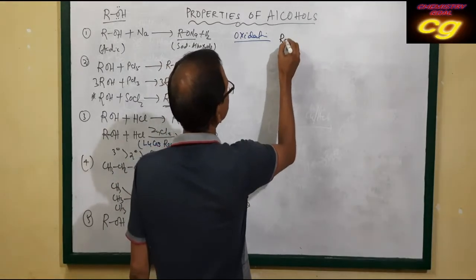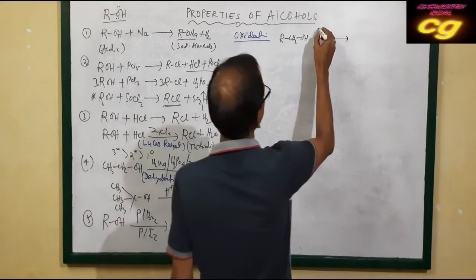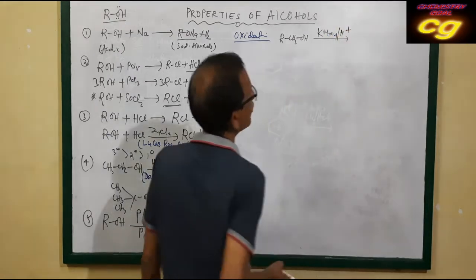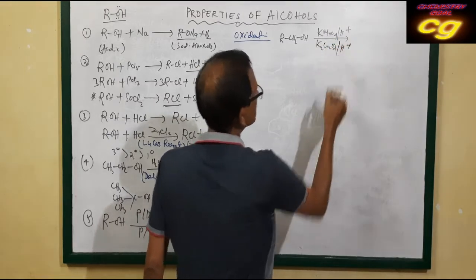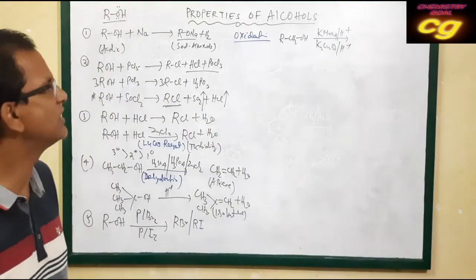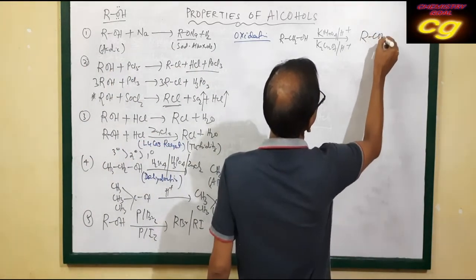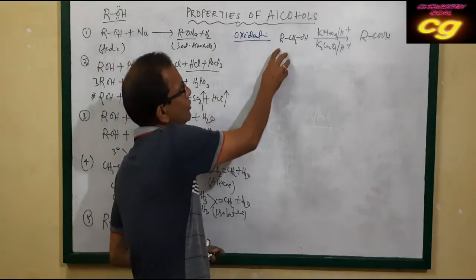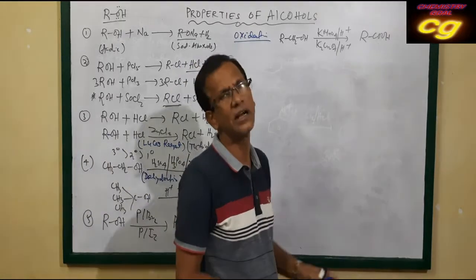If you take alcohol RCH2OH in presence of KMnO4 and concentrated HCl, or K2Cr2O7 and concentrated sulfuric acid, the result will be carboxylic acid. Very important reaction. That means when alcohol undergoes oxidation by a strong oxidizing agent, the result will be carboxylic acid.